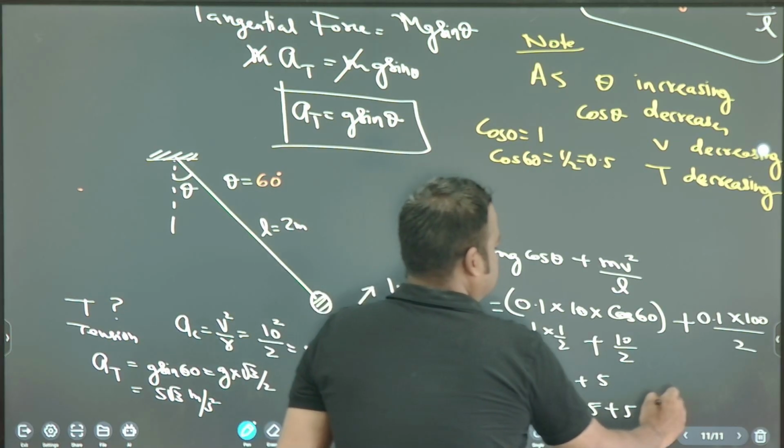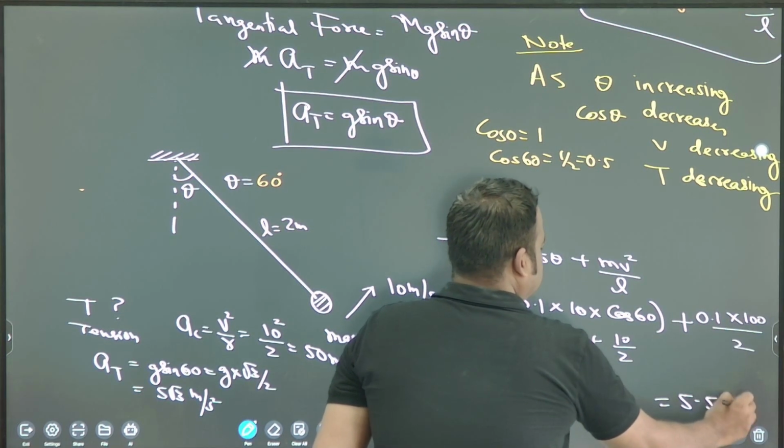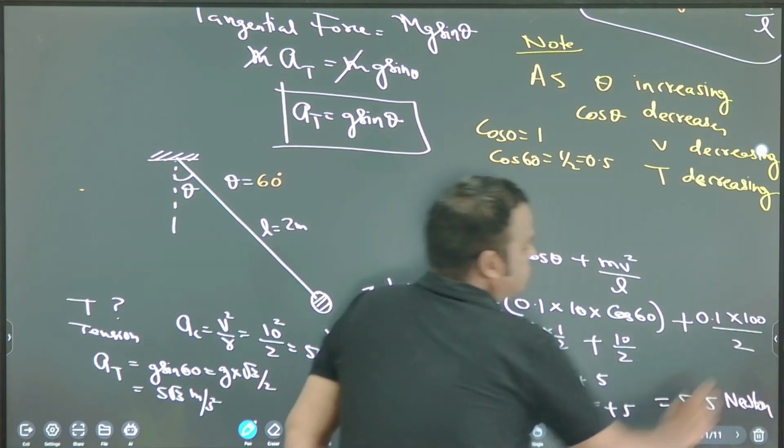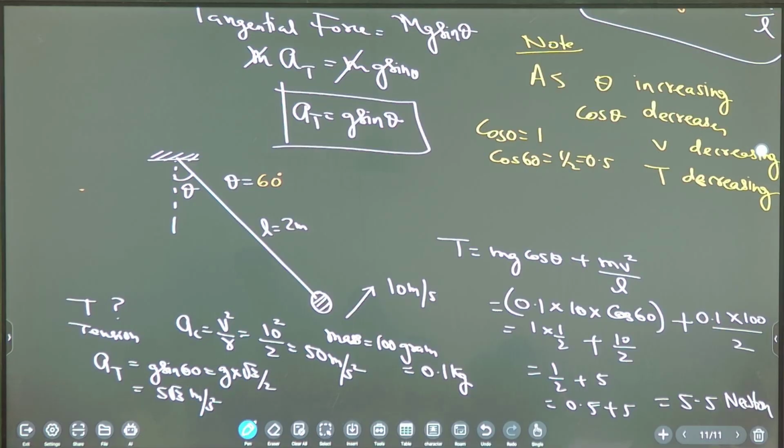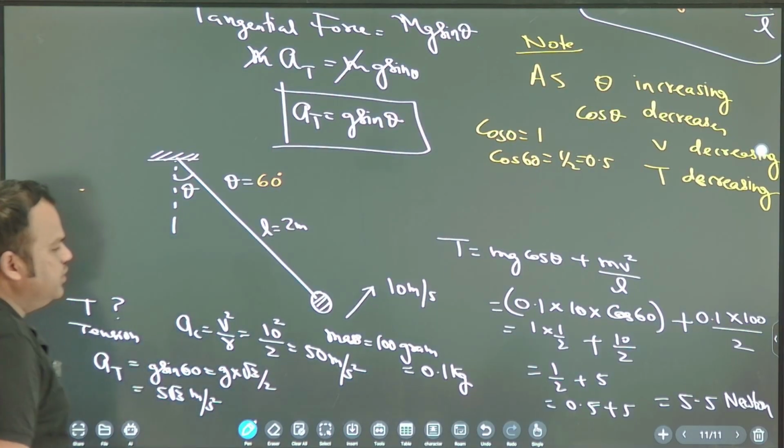How much tension? 5.5 Newton. Be clear? Tension is 5.5. Okay, fine.